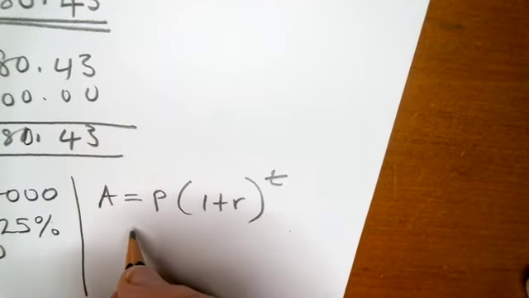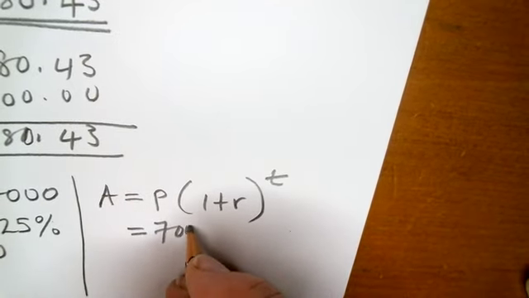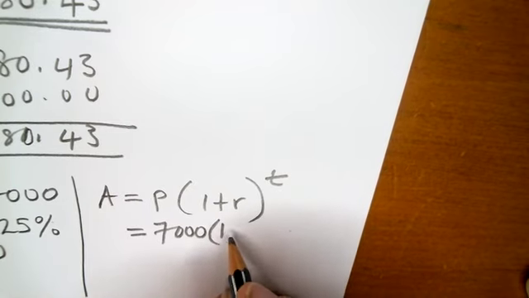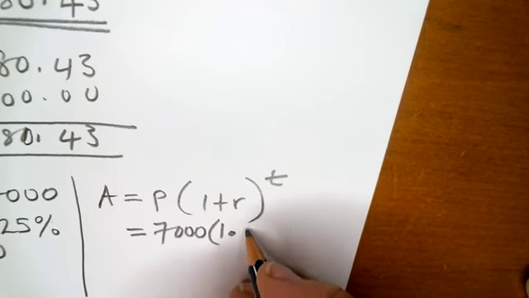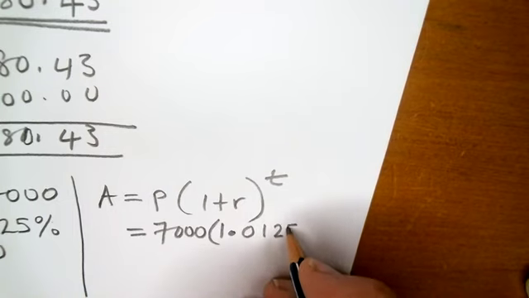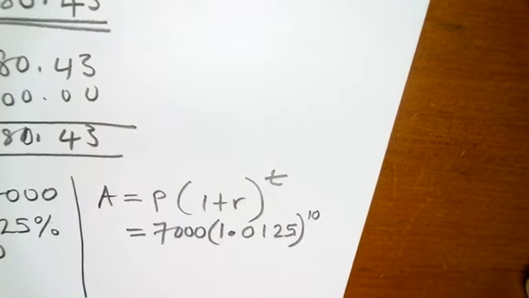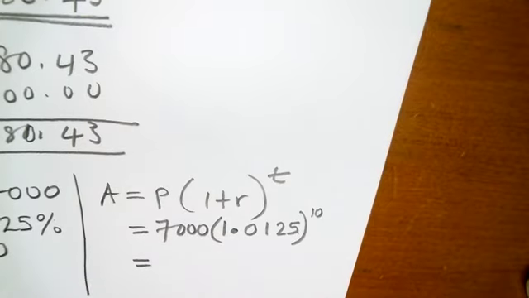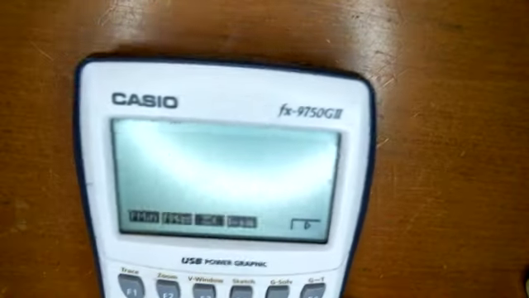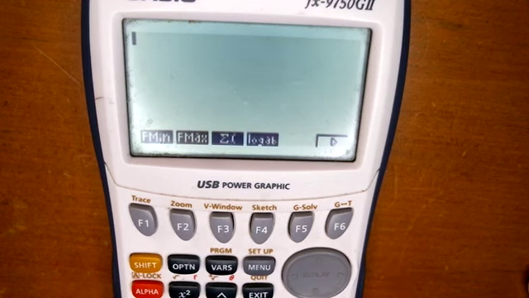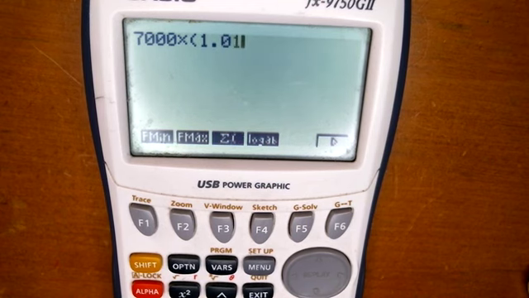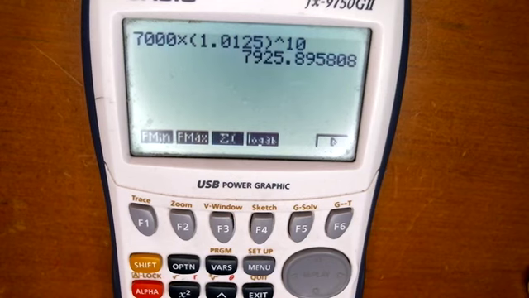So A is equal to P, which is 7,000, times 1.0125 to the power of 10. There it is, equals, and we can just go straight into the calculator. Here we go. Calculator is, and we say we've got 7,000 times 1.0125 all to the power of 10, and we end up with 7,925.